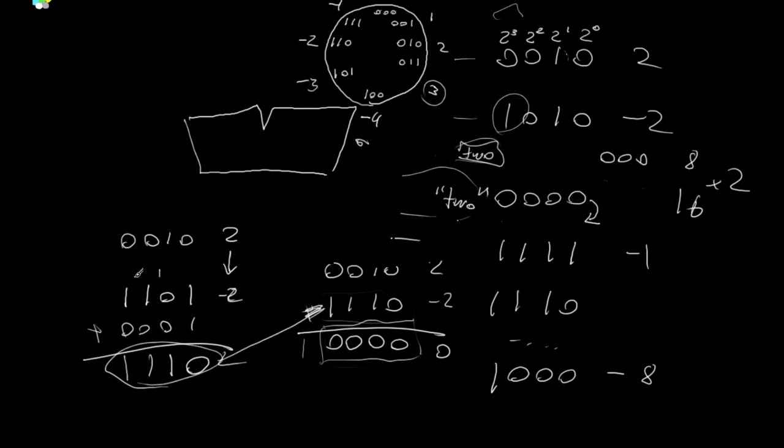The trick I said before. What you can do to get the negative of a number is you flip the bits, and then you add 1 to that result. So you flip the bits, you add 1, and you get the negative number. And that comes sort of from this wheel, if you don't think about it too hard.